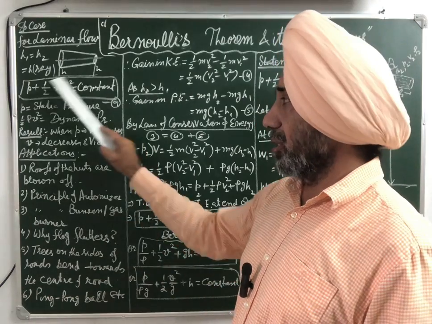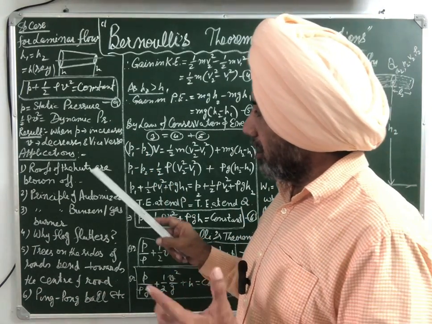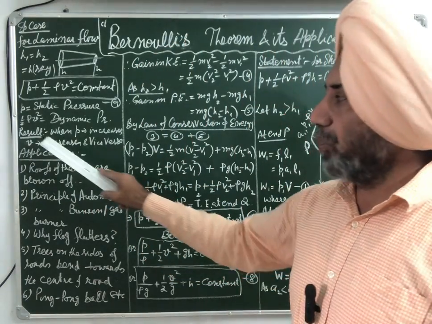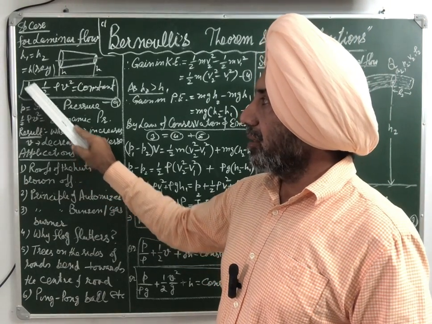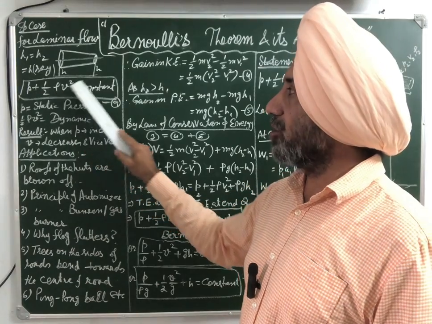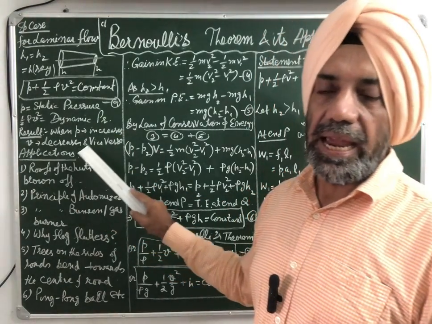And from this equation, in a nutshell, what is the basic principle of Bernoulli's theorem? When pressure increases, velocity decreases, so that this sum remains constant. When pressure increases, velocity decreases, and vice versa.